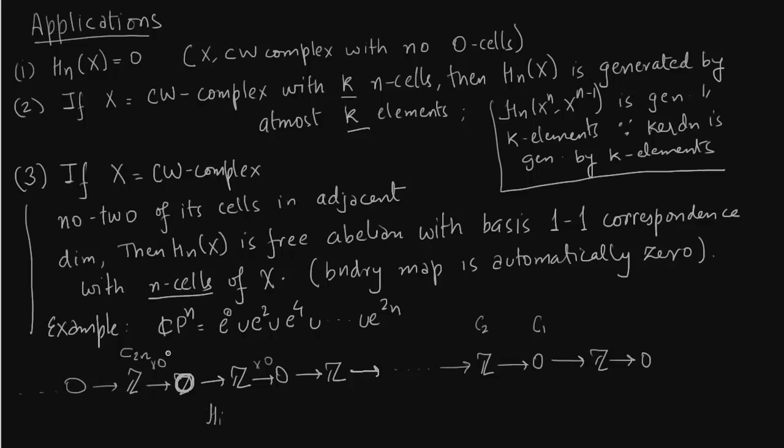So Hi would be what? Obviously now use part 3, say it is directly generated by the basis element, so it is Z for i even, and it is 0 otherwise. That is pretty much it.